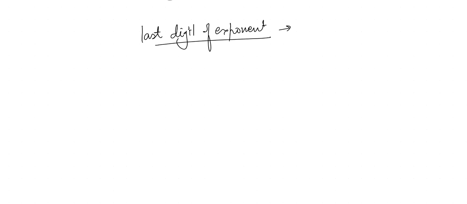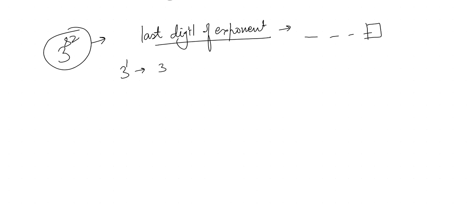Last digit means, if we write the number, what's the unit place number for 3 raised to power 82? What do we do? Just write the first 4 powers. 3 raised to power 1 is 3. 3 raised to power 2 is 9. 3 raised to power 3 is 27. 3 raised to power 4 is 81. The last digits are 3, 9, 7, 1.